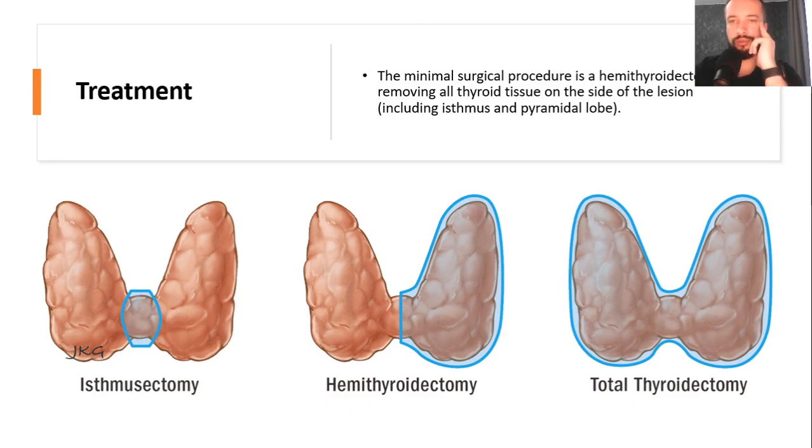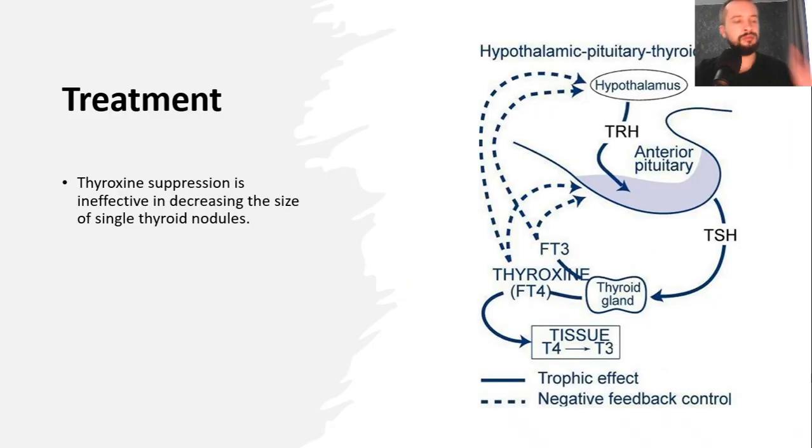The minimal surgical procedure is a hemithyroidectomy, removing all thyroid tissue on the side of the lesion. Thyroxine suppression is ineffective in decreasing the size of single thyroid nodules.